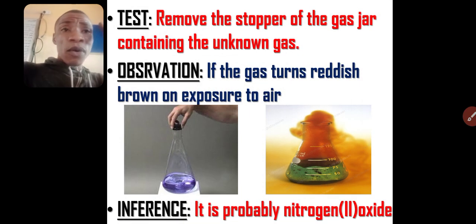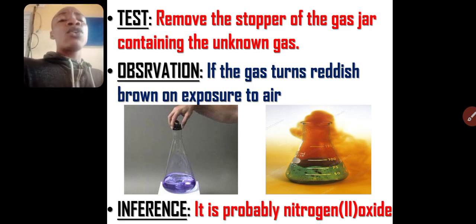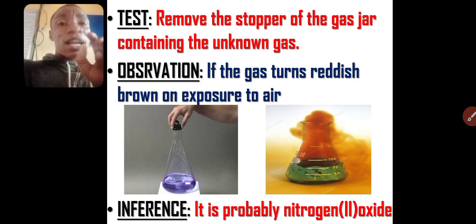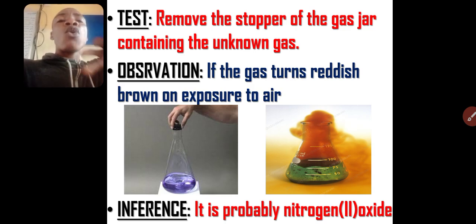What's the test for nitrogen 2 oxide? Two tests. Number one, since we know that whenever you open the gas jar of that compound, it spontaneously reacts with oxygen in the air and turns to NO2, and NO2 is brown in color. So if you are suspecting a gas to be NO, the gas must be colorless inside the gas jar because that's the color of NO. So just go ahead and open it.